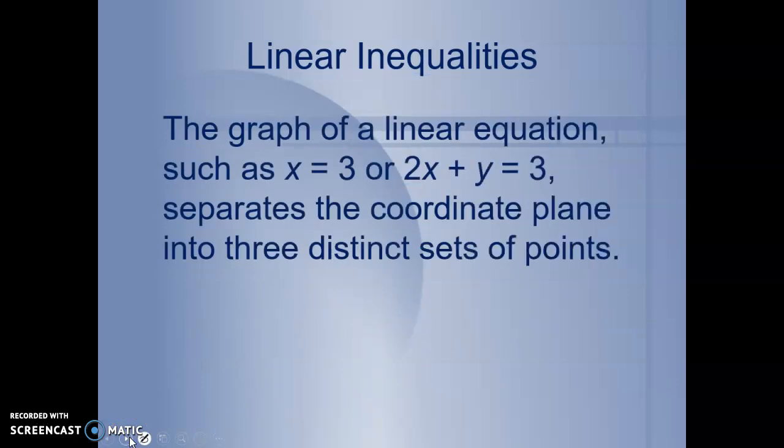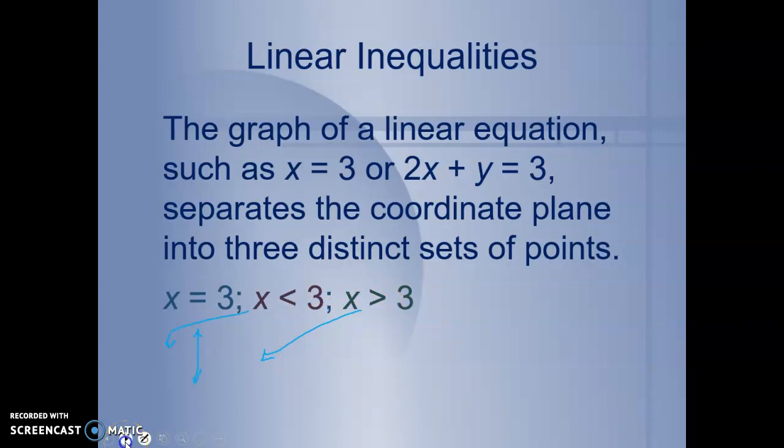The graph of a linear equation, such as x equals 3 or 2x plus y equals 3, separates the coordinate plane into 3 distinct sets of points. We have x equals 3, which would look like this on the graph, by the way, the Cartesian plane. And then we have this region over here where x is less than 3, and this region on the right-hand side where x is greater than 3.